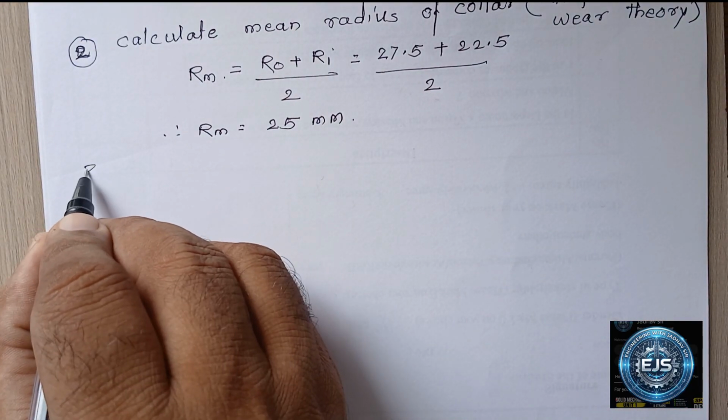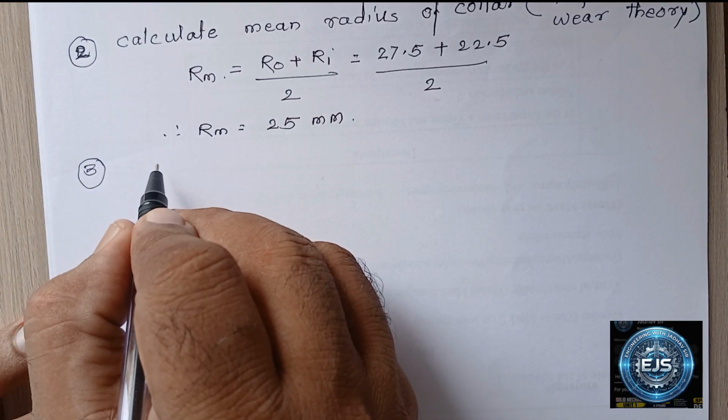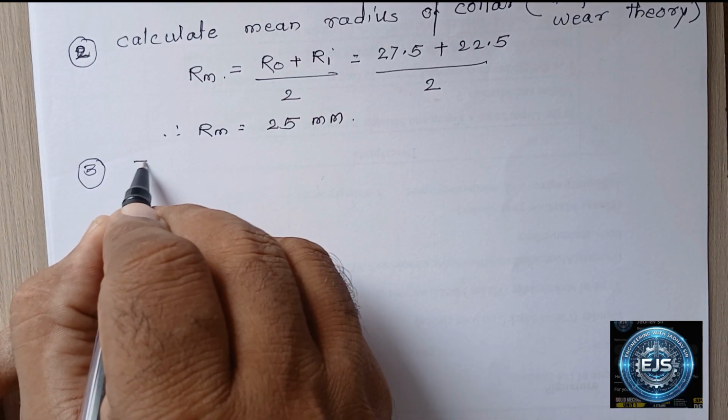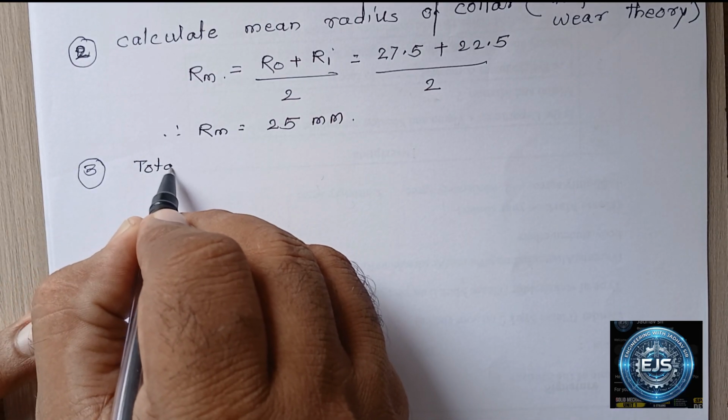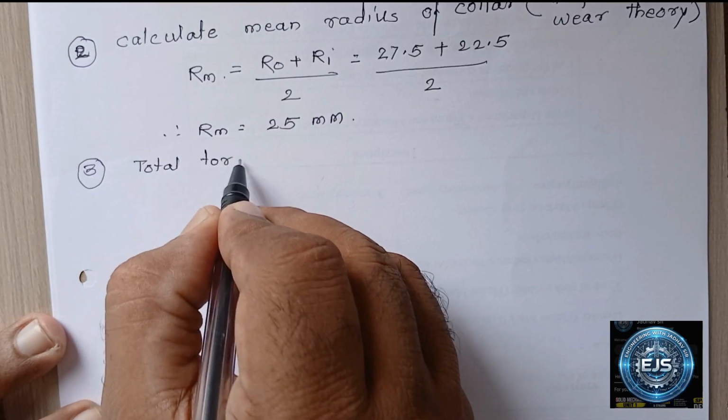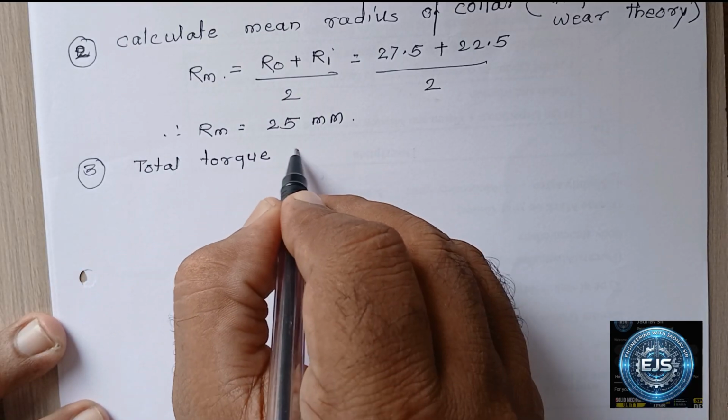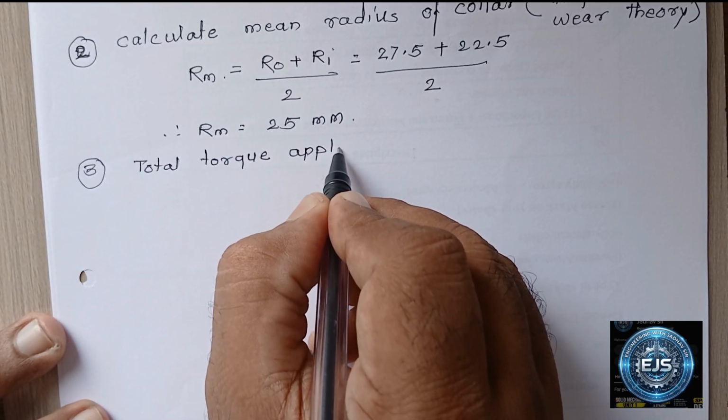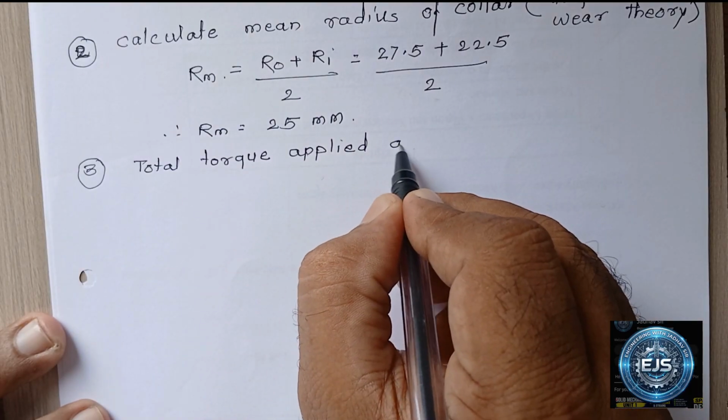Then in the third step we have to calculate the total torque applied at the handle. Total torque applied by the machinist at the handle, we have to calculate.